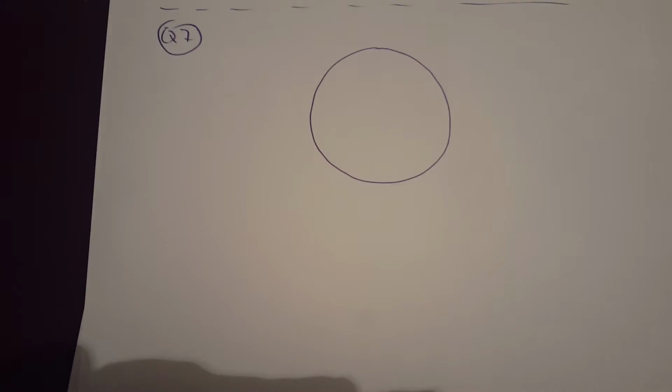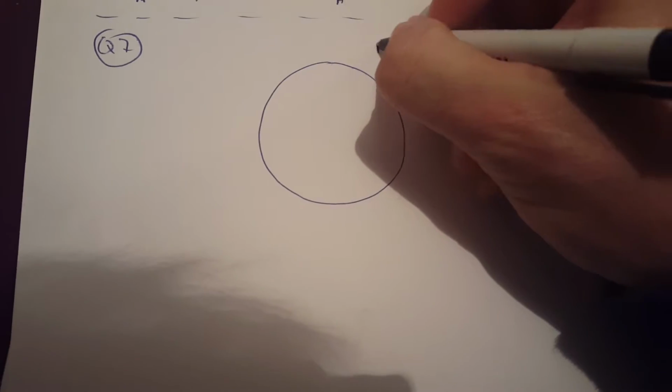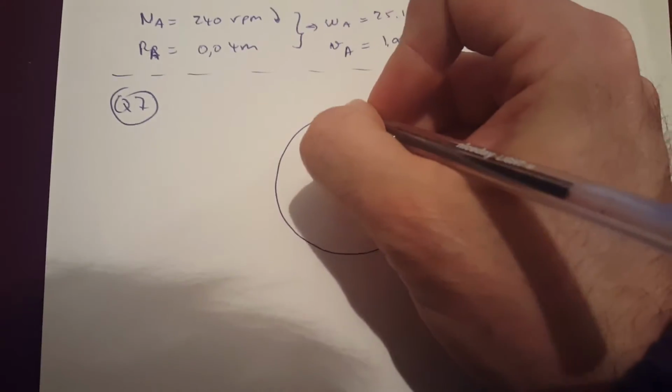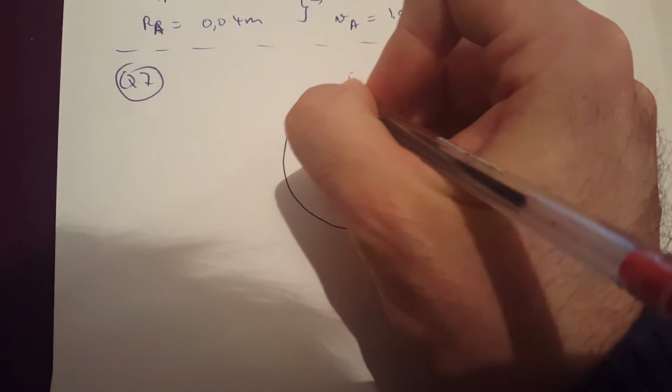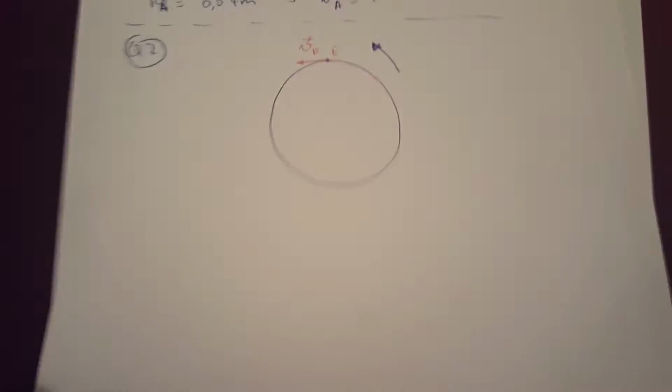First, I will sketch the outer ring, which is said to be rotating in the anti-clockwise direction. Anti-clockwise is like this. So at this point, which I will call point E, the velocity is VE, and it is to the left.